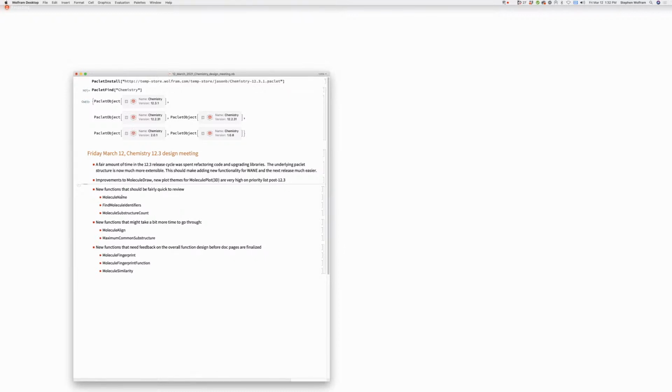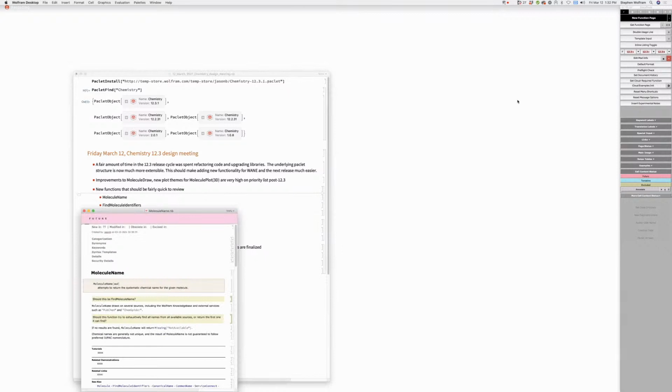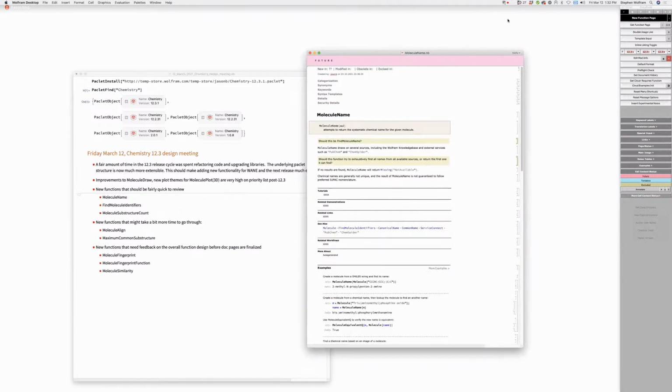Okay. New functions, MoleculeName. What is that? Why is that not just CommonName? Because CommonName, to my knowledge, exclusively goes to the knowledge base. But that's just what we've chosen it to do. Yeah, I had the same question, because there isn't a unique one.